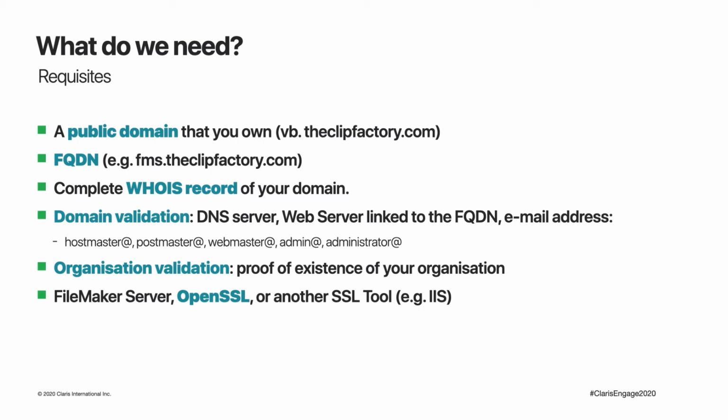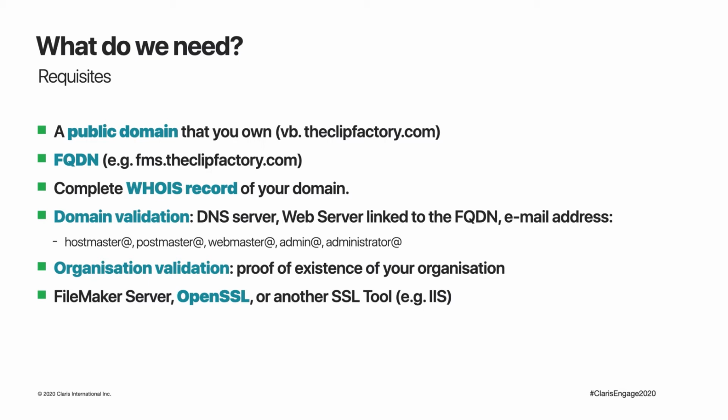He needs to have a completed WHOIS record of that domain. If you buy a domain, you have to fill in a WHOIS record that is complete. If your WHOIS record is not complete, the certificate authority may not issue a certificate for your domain. Depending on the kind of validation, domain validation or organization validation, you will need some other things as well.